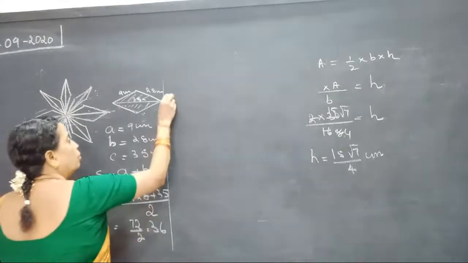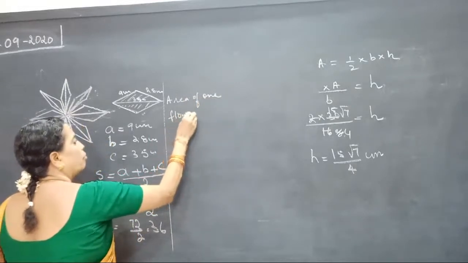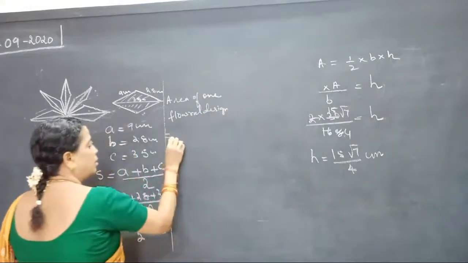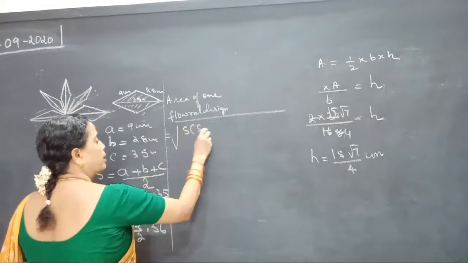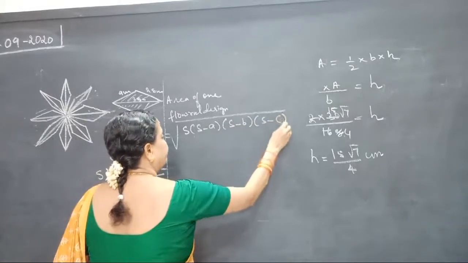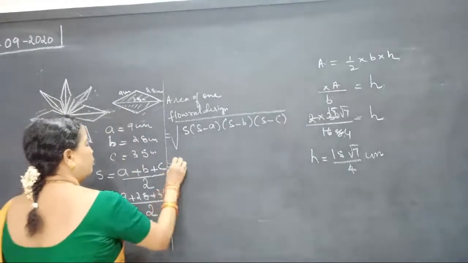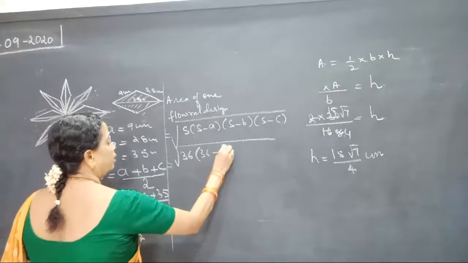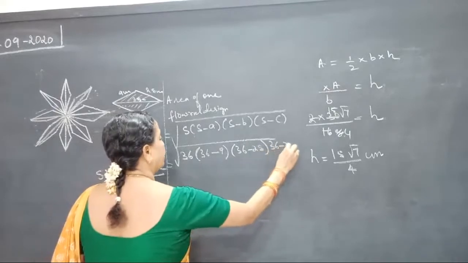Now getting this value, area of one floral design equals, apply Heron's formula as usual, root of S into S minus A, S minus B, S minus C. Now substitute S value as 36 into 36 minus 9, 36 minus 28, 36 minus 35.